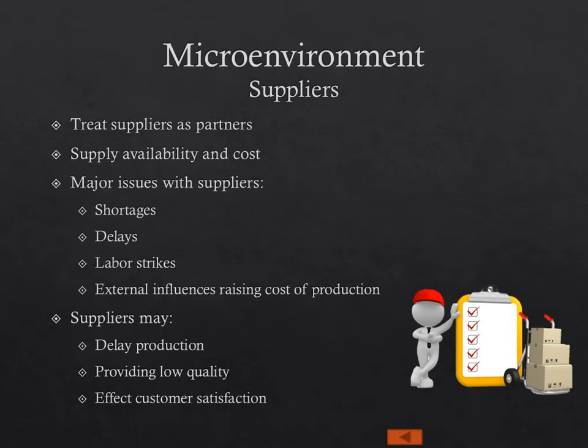right? So you have to consider your suppliers as one of the essential parts of your team, because these suppliers may delay the production. They may provide low quality, because if they're providing you low quality raw material, then obviously the end product that you're going to make is of low quality, which may lead to unsatisfied customers or consumers.